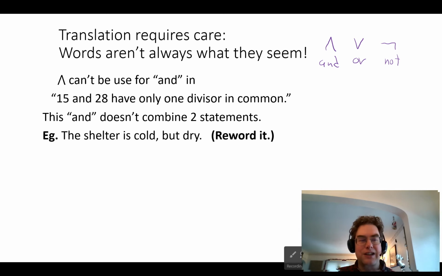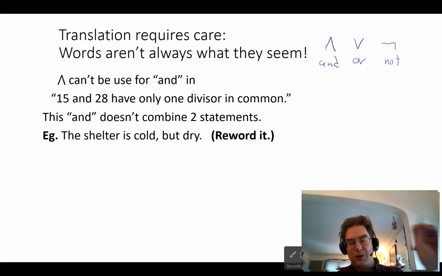Okay, we could reword it into something like the shelter is cold and the shelter is dry to really draw out that this one is in fact a conjunction, even though it doesn't have the word and. Going the other direction, with this correspondence being kind of imperfect, other words can be used for a conjunction, just like the word and does not always represent a conjunction.